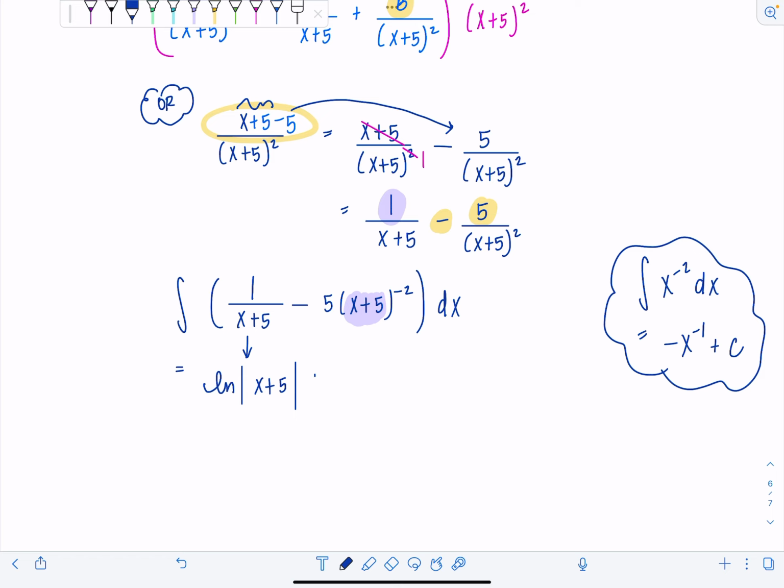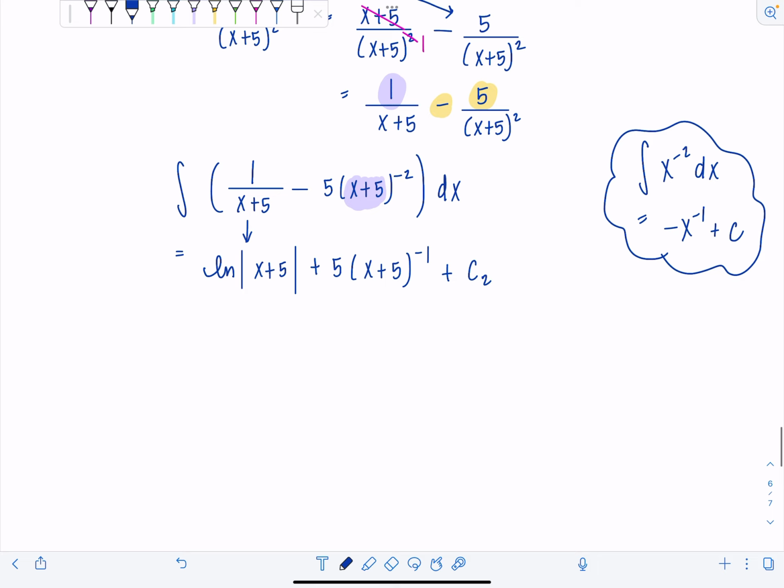So now we're going to have plus 5 times (x plus 5) to the negative first. Yeah? Do you see it? I hope so. Plus C2. And of course, I'm not going to leave it like that. It looks so gross. So ln, absolute value, x plus 5, plus 5 over x plus 5 like that, plus C2. Yes, yes, yes. Here we go.